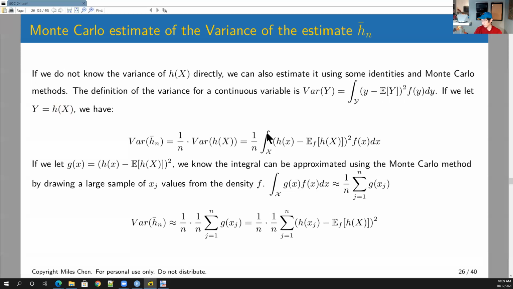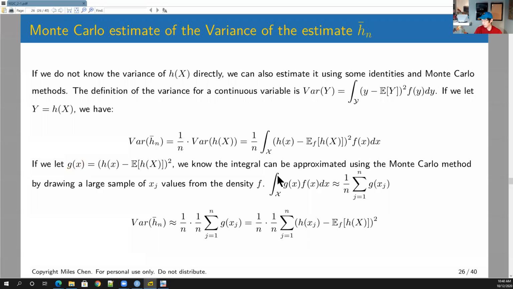All right, so how do I solve this integral? We are going to estimate this integral using Monte Carlo integration. So I'm going to just say, let this portion of the function be equal to g of x. Let this entire thing just be the function g of x.